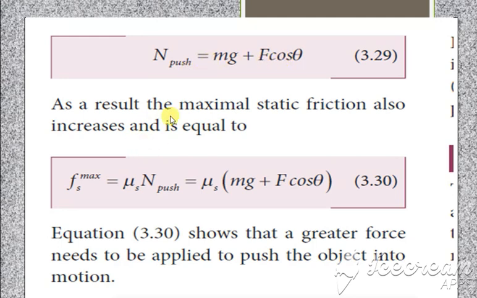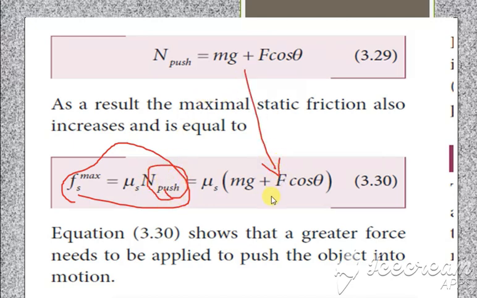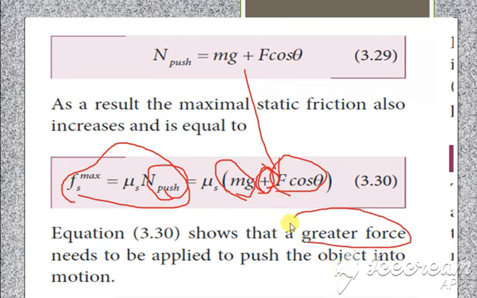Now instead of this n of push I'm going to substitute in this equation. So in the equation பாத்தீங்கன்னா இதுதான் கிராவிடேஷனல் ஃபோர்ஸ். ஸோ அந்த கிராவிடேஷனல் ஃபோர்ஸை விட எக்ஸ்ட்ராவாக நம்ம அதிக ஃபோர்ஸ் கொடுக்கணும். So we have a greater force when you are applying the push.